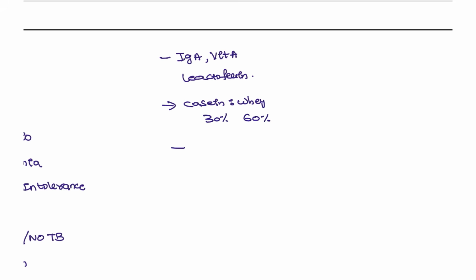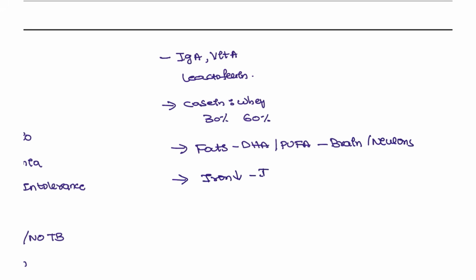And fats such as DHA and also PUFAs, all of this is important for brain and neuron development. And iron is low, but iron absorption is high.